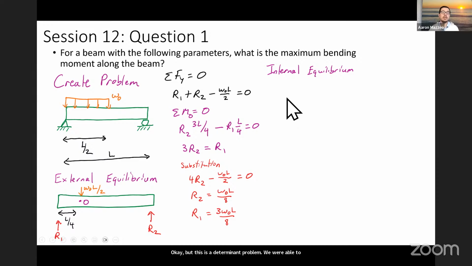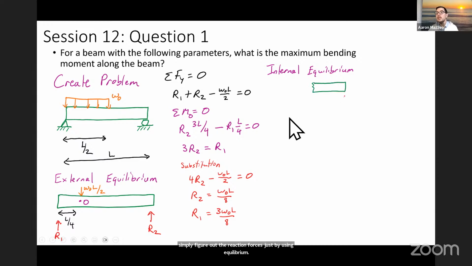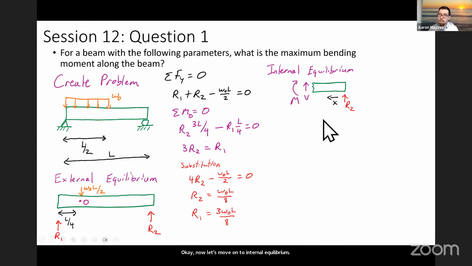Now let's move on to internal equilibrium. When we cover the left side now, what we are going to have is a slice that has a conventional shear force acting upward and a moment acting clockwise.